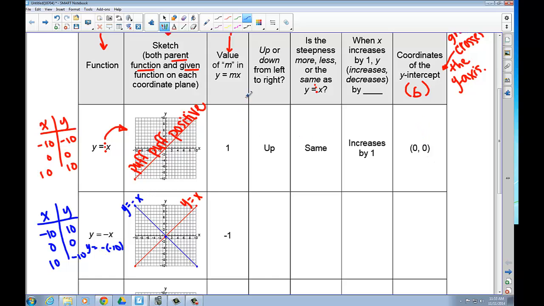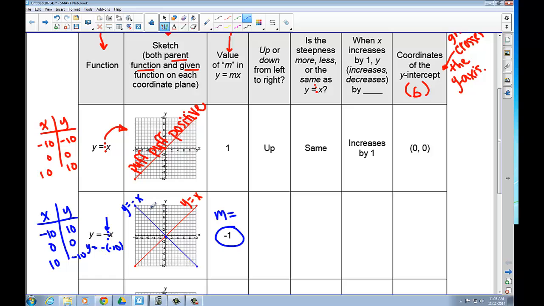Okay, so now it's asking what is the value of m? And so we look at the number right in front of x. We don't see a number, but it's an understood what? It's an understood 1 with what in front of the 1? A negative. So we put our m is equal to negative 1. Does it go up or down from left to right?